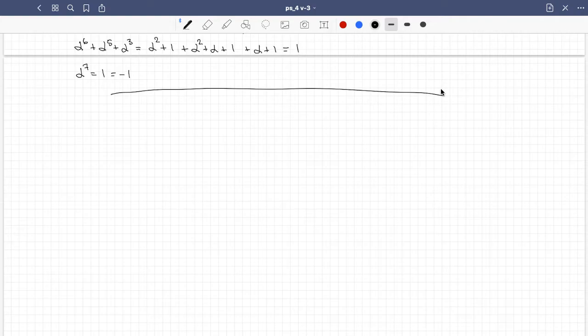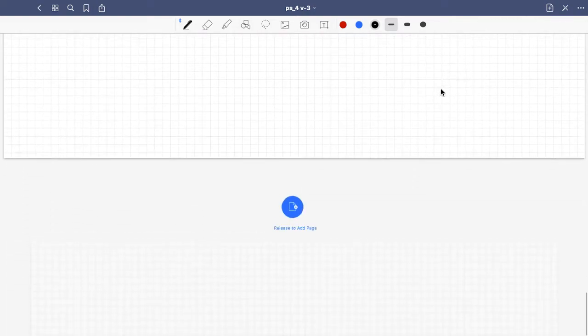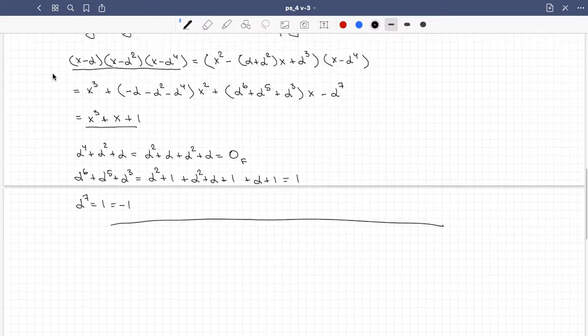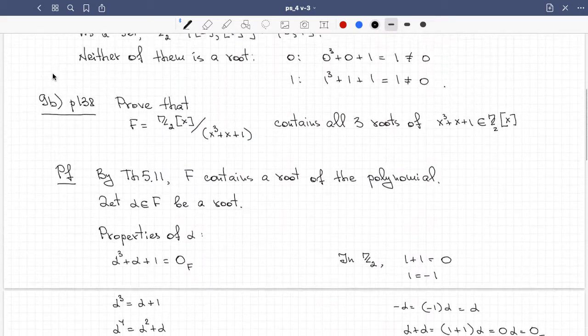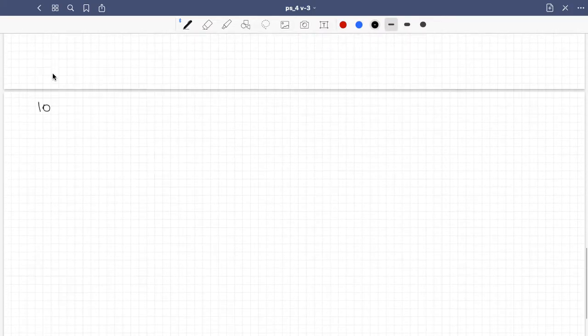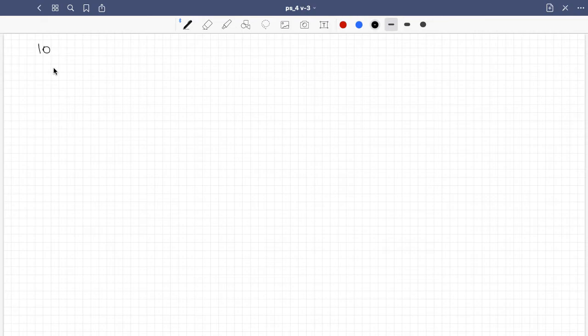Let me do yet another problem from this problem set, which is also going to be lengthy, so let me start with a separate page. That is problem 10 on page 138.